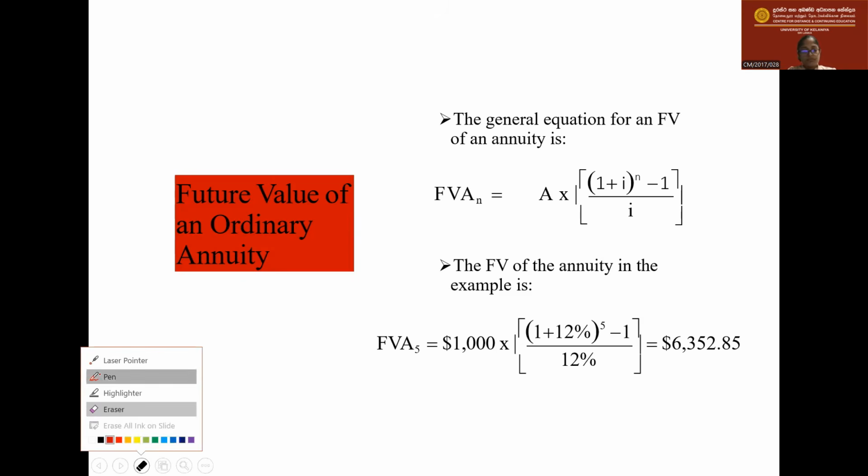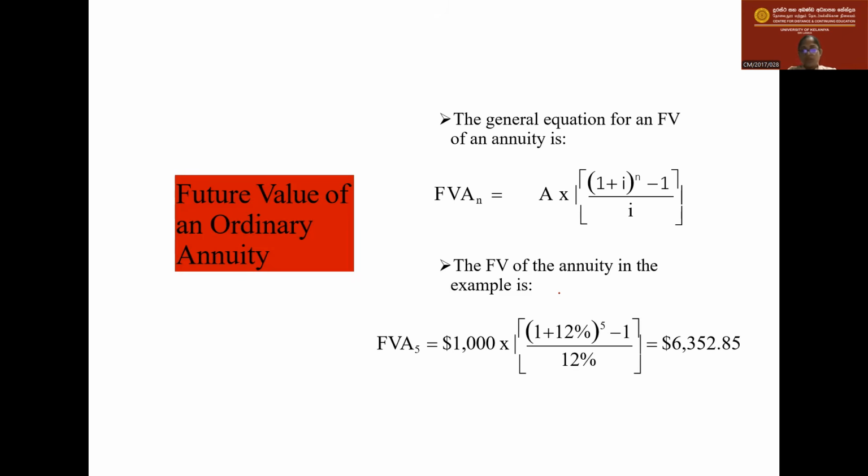Here 1 is default, plus I means 0.12 or 12%, whatever. Open a bracket and close a bracket. This 5 is applicable as the power for these two terms, 1 and the 12%. Minus 1 is fixed. It won't change from question to question. Divided by I means our 12%.